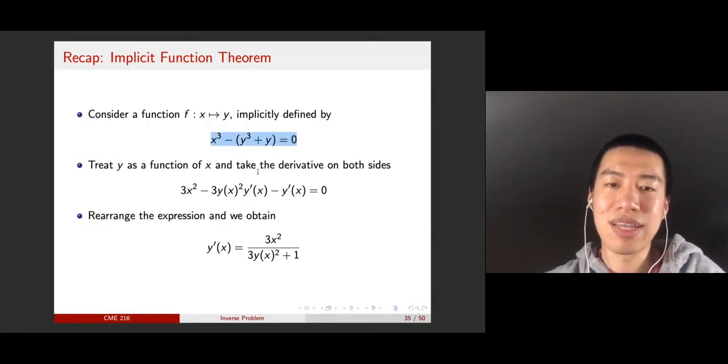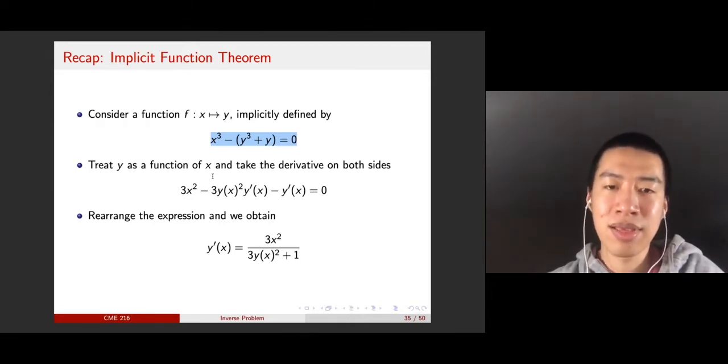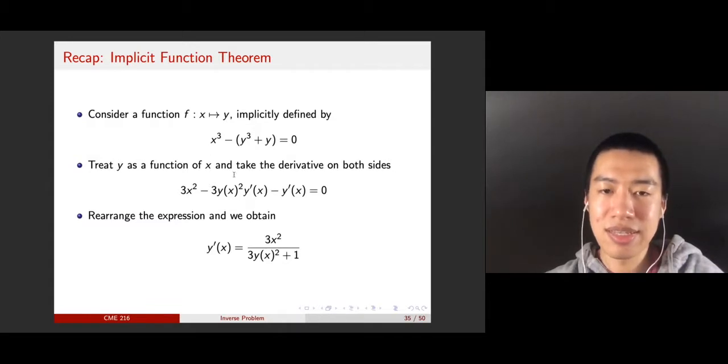You cannot compute y explicitly in terms of x, although you can in this case because you have the cubic formula, but we assume you can't. You want to solve that numerically using, for example, Newton's method or the bisection method. And you can treat y as a function of x if you want to compute the gradient of y with respect to x. This is what we do in the calculus course.